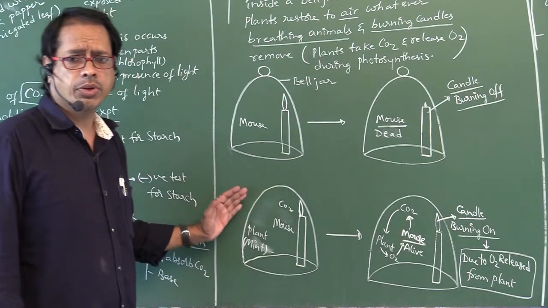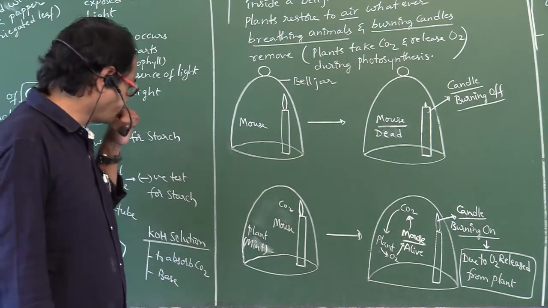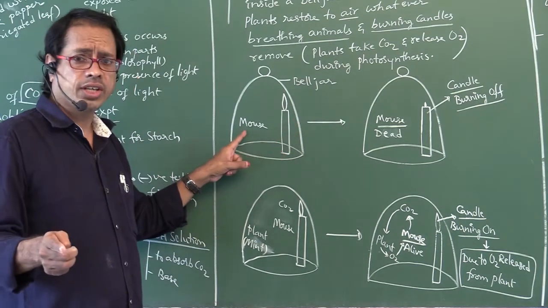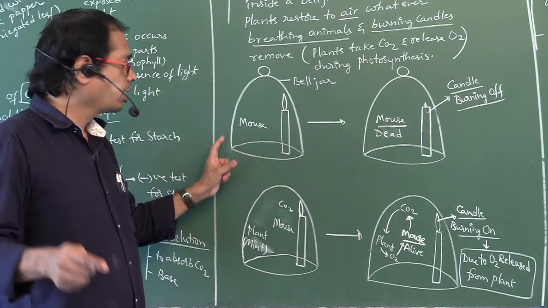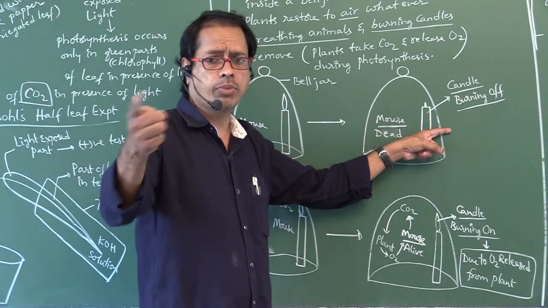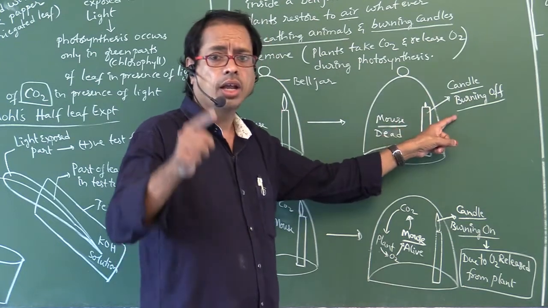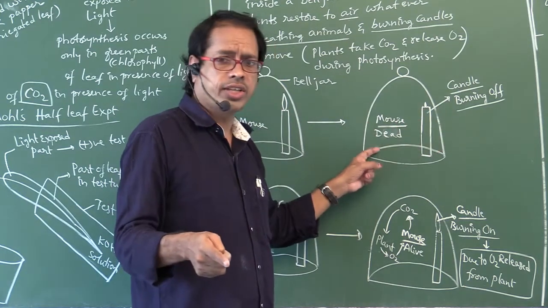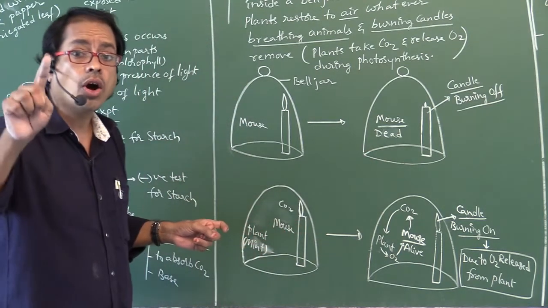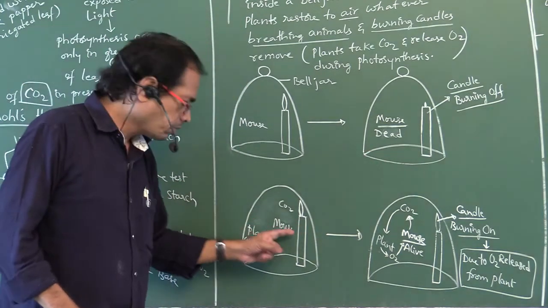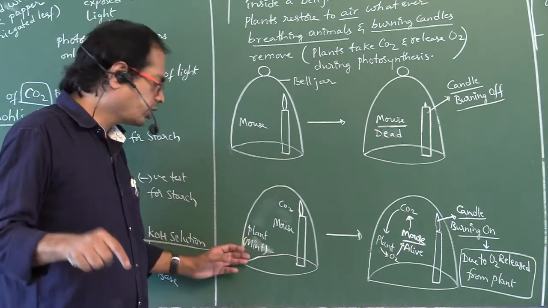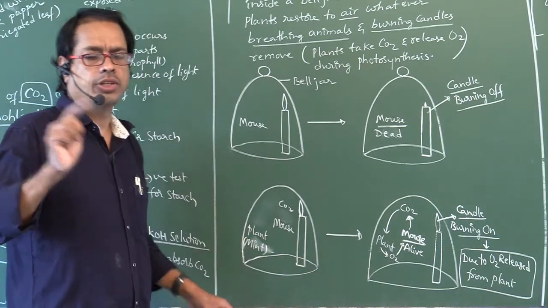These are all simple experiments, my dear students. Let's see: a burning candle, a mouse, enclosed by a bell jar. Later on, what happens? After some time, the burning candle goes off and the mouse is dead due to lack of oxygen. Later, a burning candle, a mouse and a mint plant were placed, all covered by a bell jar.